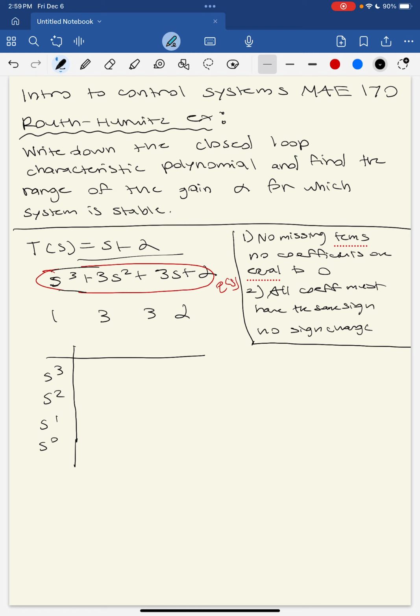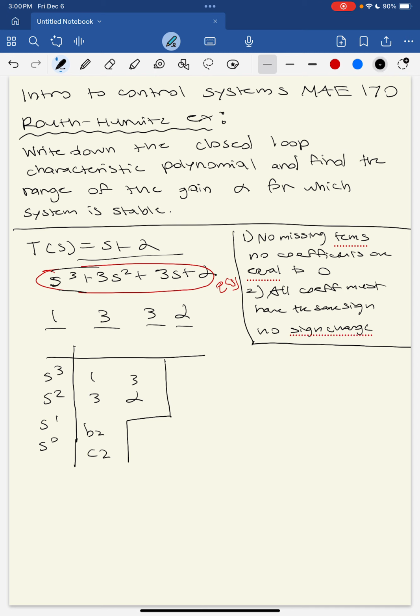And then here we're going to put all of these numbers, going that way. So 1, 3, 3, alpha. Then we're going to close this off right here. And here we're going to have B2 and C2, which we will solve for in order to determine the range of the gain alpha. So let's go ahead and do that.